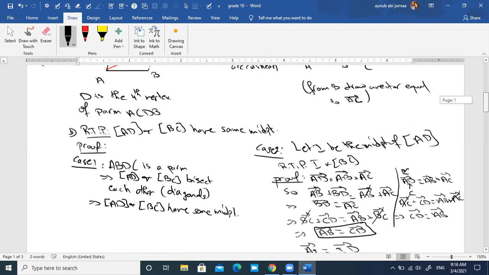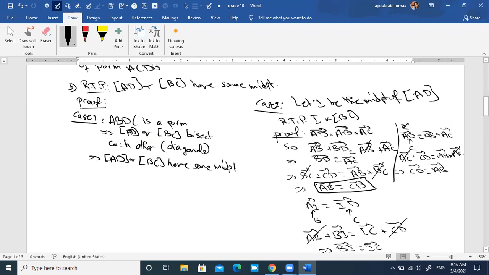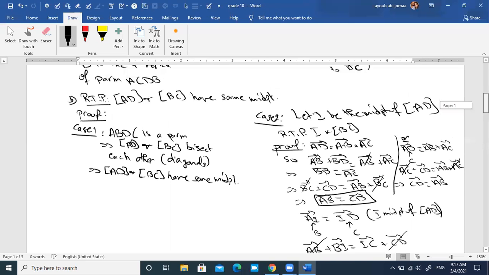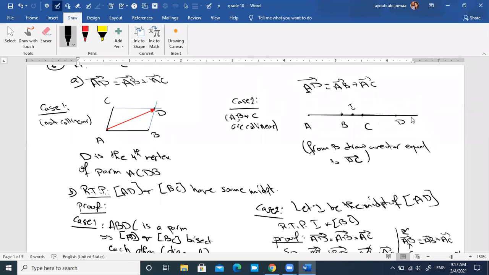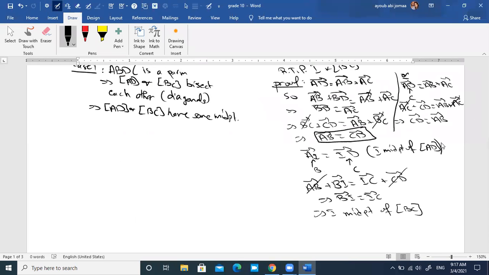Now, if I is the midpoint of AD, then AI is equal to ID. Insert point B here and point C here.